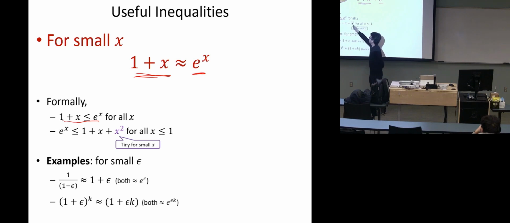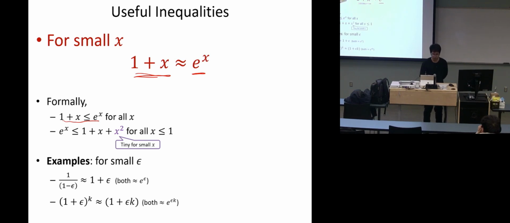But you should think of this term as so tiny when x is small, right? When x is less than 1, x squared is much less than x. So think of this as something tiny, which means that if you ignore it, then e to the x is just the same as 1 plus x.